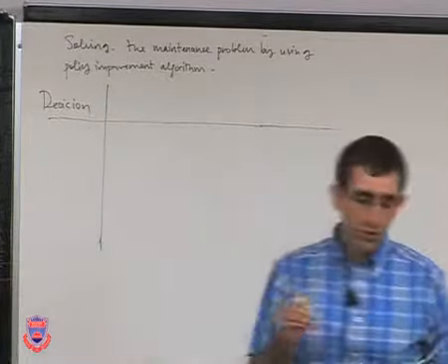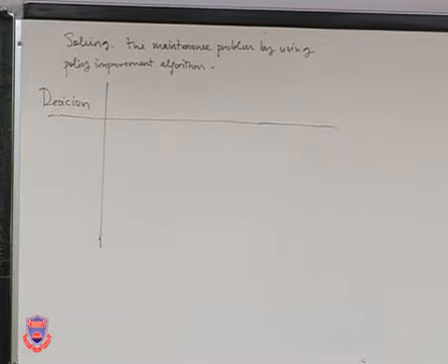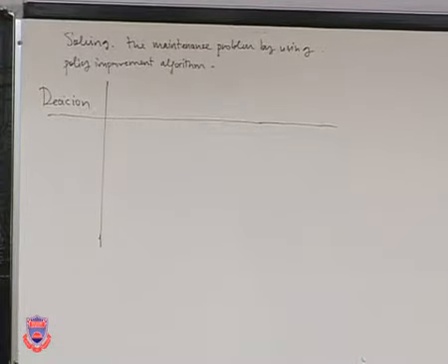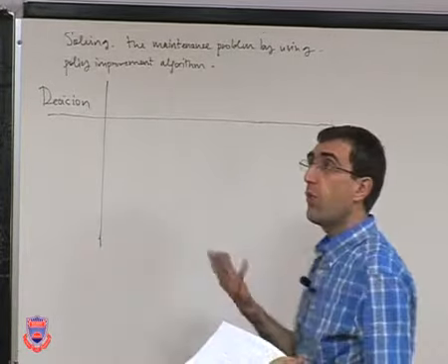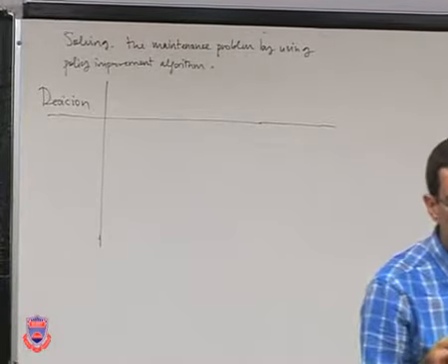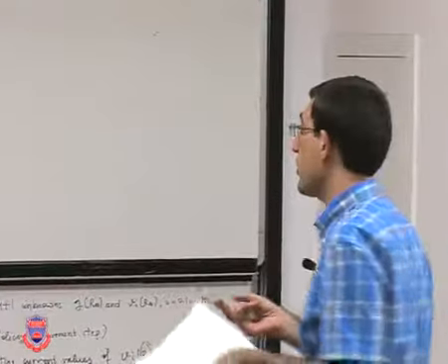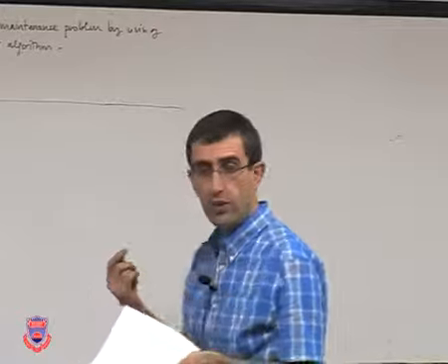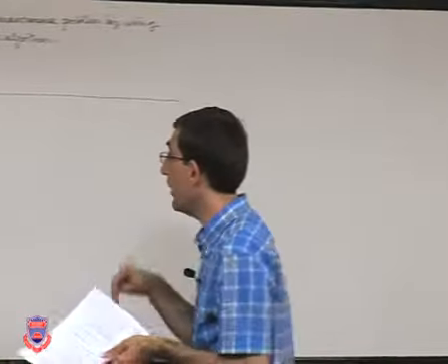You remember that there was a crucial machine that is key for the production, and every week we just inspect its status. It can be in one of 4 states. Either it is good as new, or it is operable with minor deterioration, or it is operable with major deterioration, or it is inoperable. 4 states, from 0 to 3.